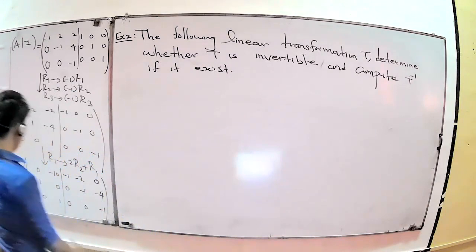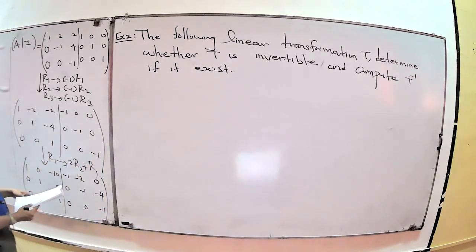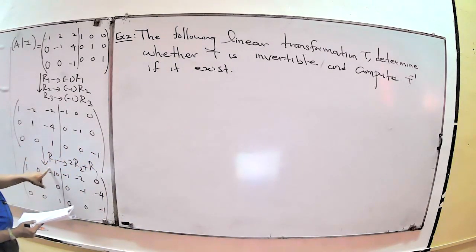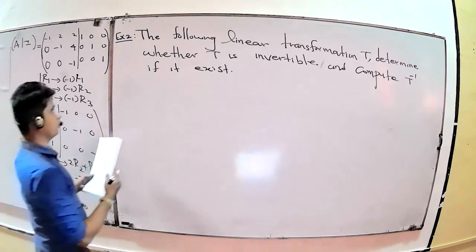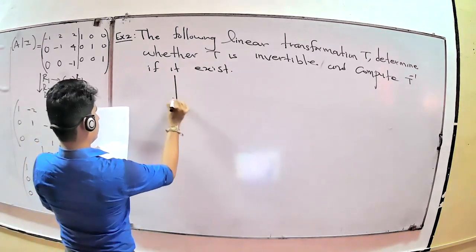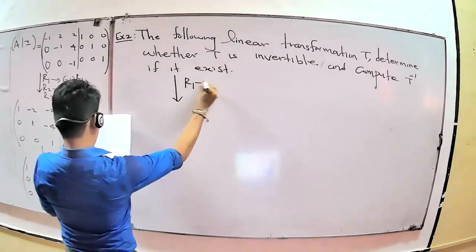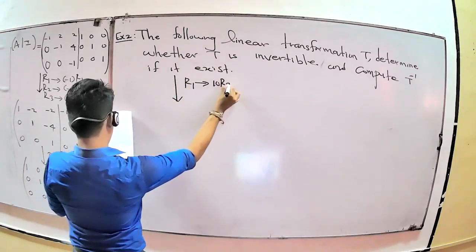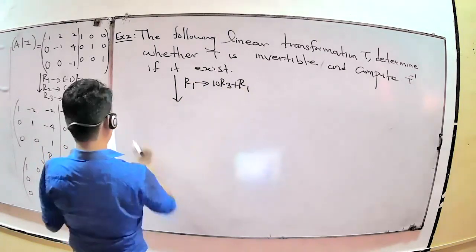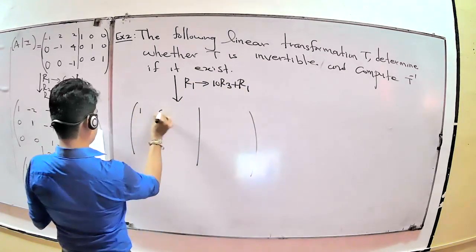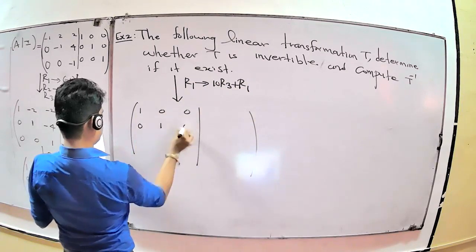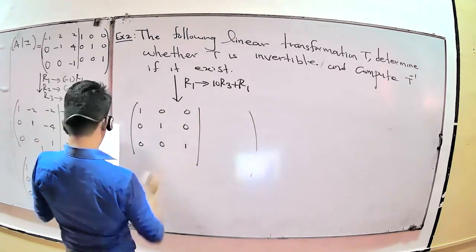For this matrix you do the row operation again. We want to get 0 values here, therefore you multiply row 3 by 10 and add it to the first row: R1 plus 10 R3 to R1. Then you get 1 0 0, 0 1 0, 0 0 1.